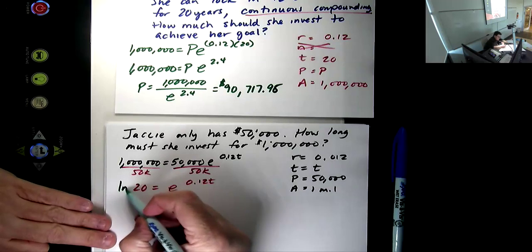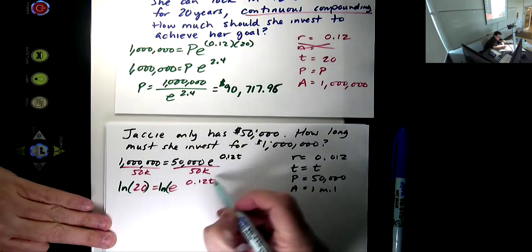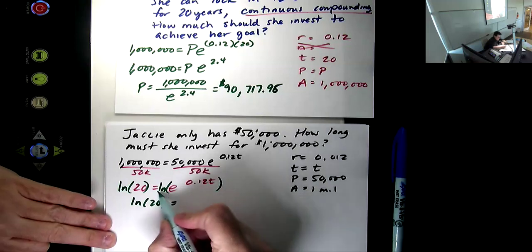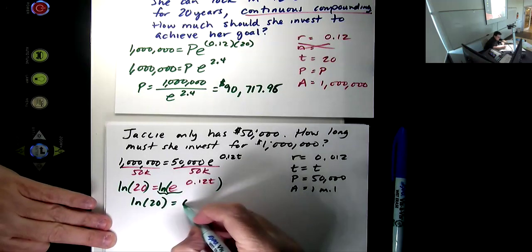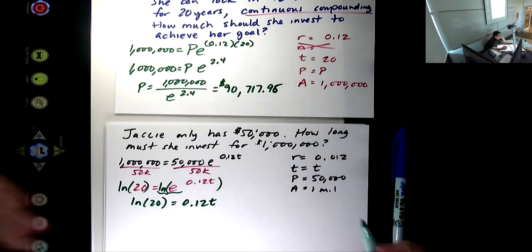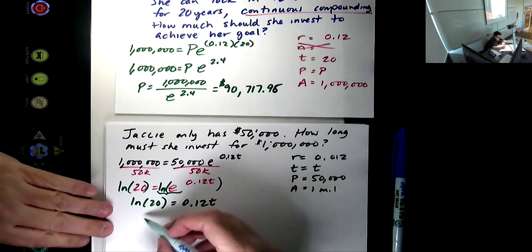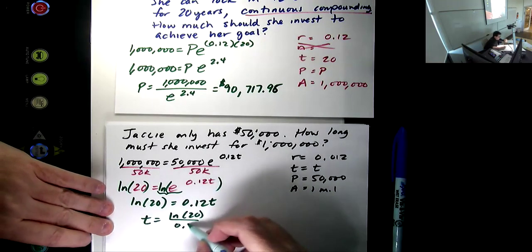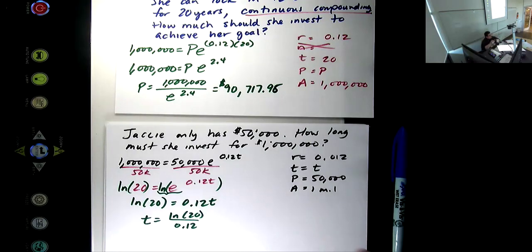If I take the natural log of both sides, ln of e cancels, the exponent comes down, and I have just 0.12 t. So t is natural log of 20 divided by 0.12. But that doesn't mean anything to her either.